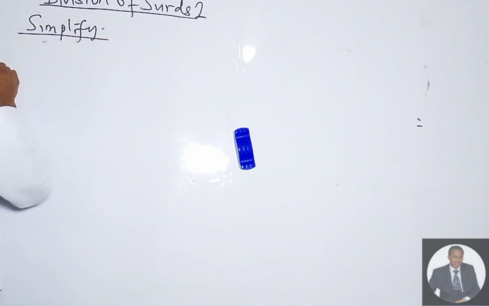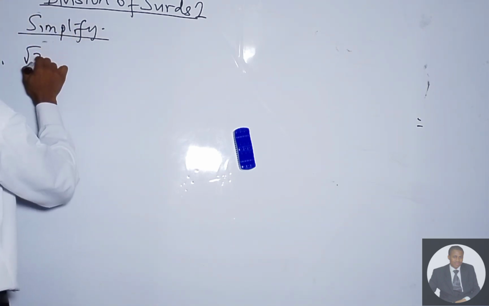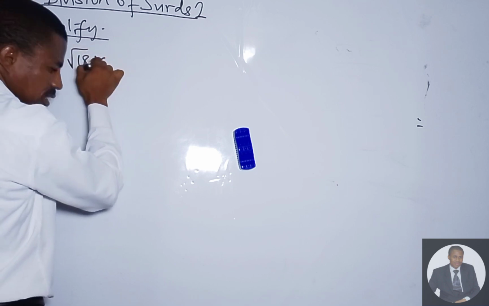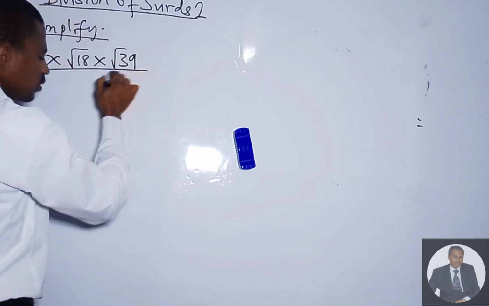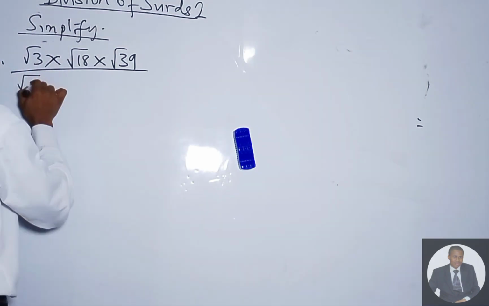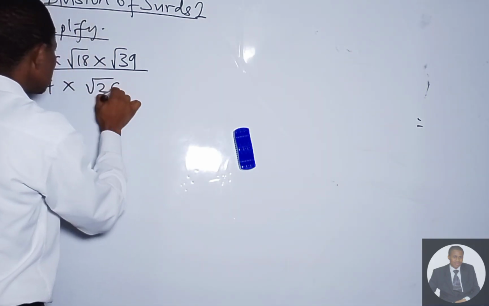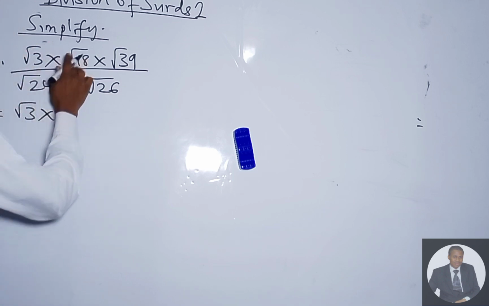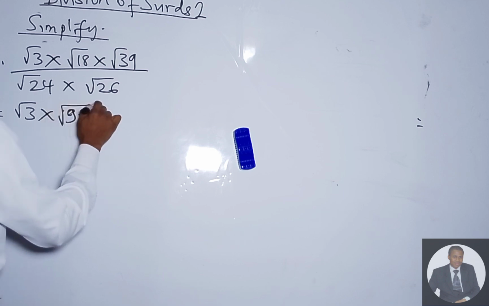Another question. Simplify root 3 times root 18 times root 39 all over root 24 times root 26. Let's simplify. Root 18 is the same thing as saying root 9 times 2.